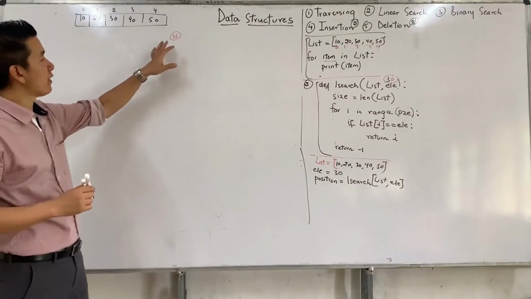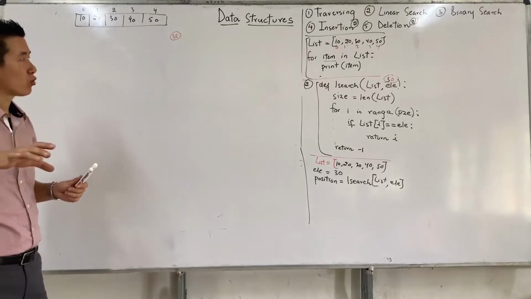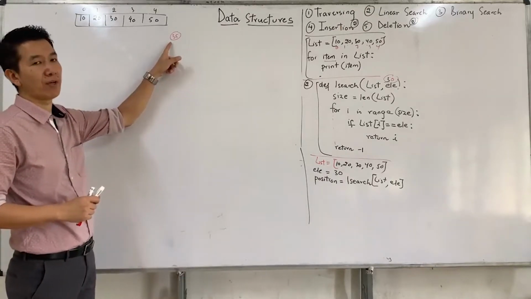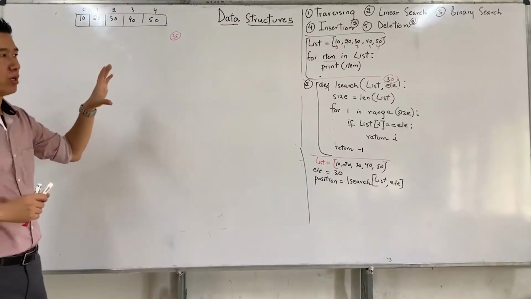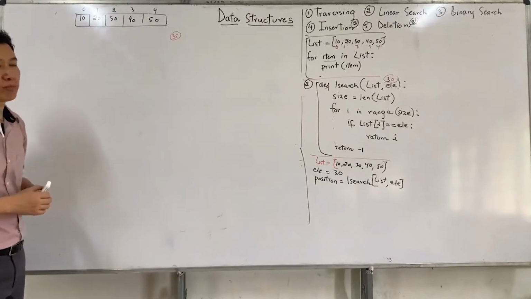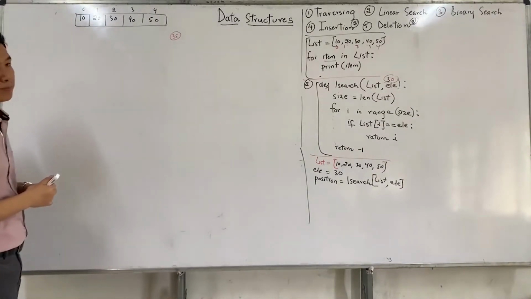Say if the value of 35 is to be inserted, the first part of your program is finding the appropriate position of 35. So you will have the first function, let's say find position, which will return the appropriate position of 35, which in this case will be 3.